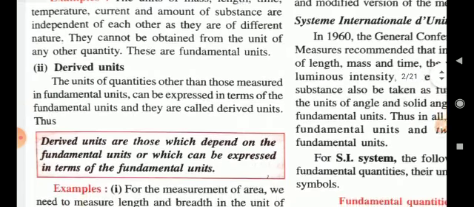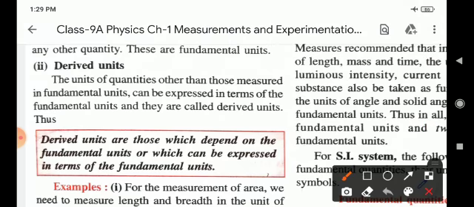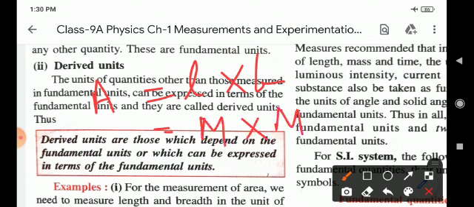Next, second, derived units. What are derived units? Derived units are those which depend on the fundamental units or which can be expressed in terms of fundamental units. Understand? For example, we know that the area of a rectangle is length into breadth. The unit of length is meter and the unit of breadth is meter. That is, the unit of area is meter square.